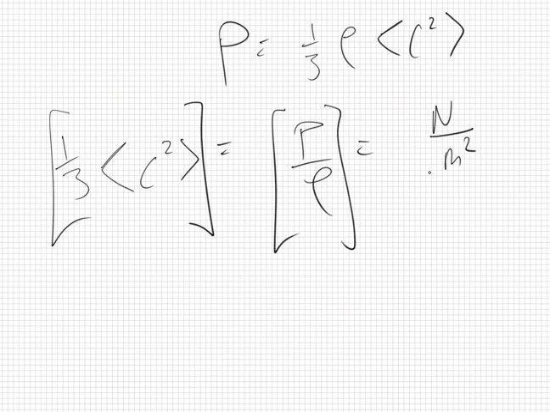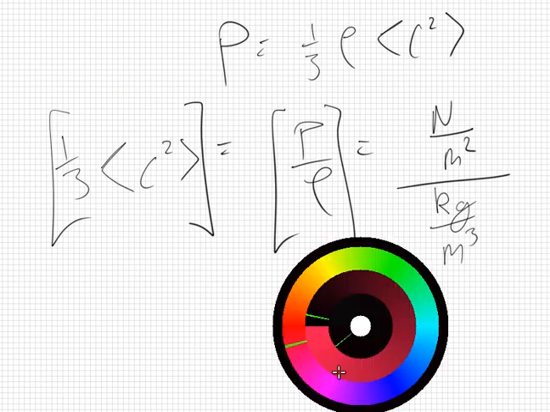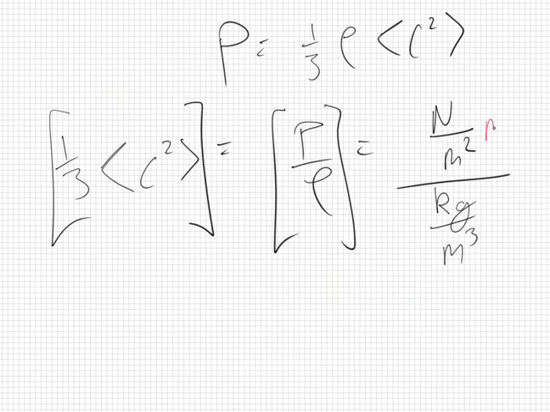And then density? Kilogram per meter cubed. So if I multiply the top and bottom by meter cubed, they cancel. And then meter squared into meter cubed, meter. So you get here Newton meters per kilogram.